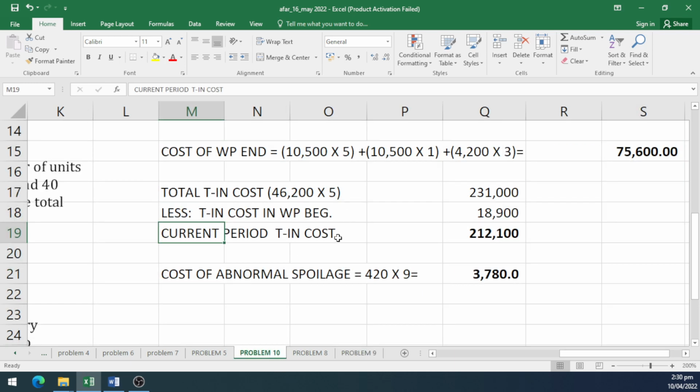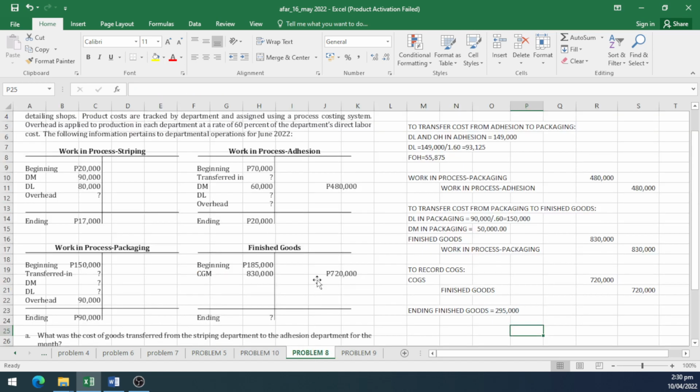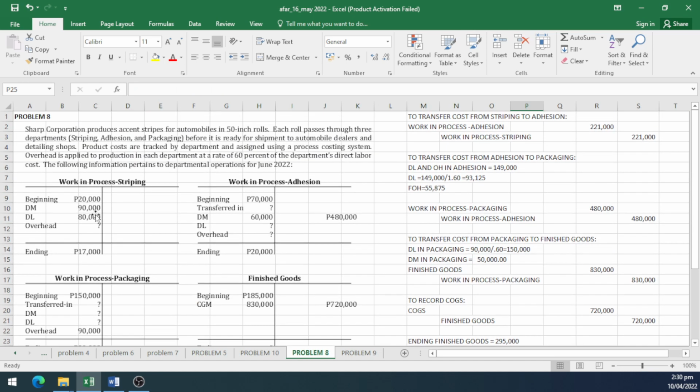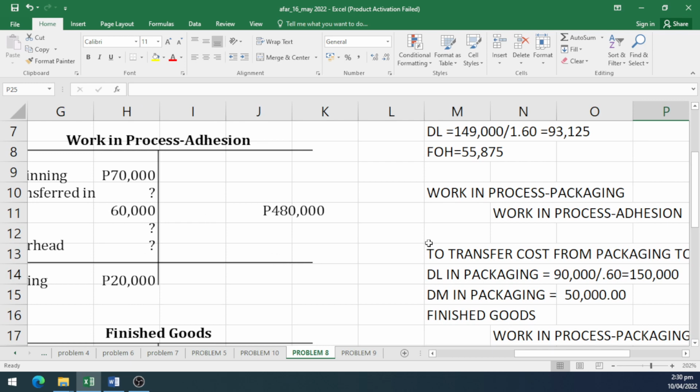Problem number 10 or problem number 8 are entries. You can just refer to this solution here on the transfer of cost. In process costing, each department or process maintains a separate work in process account.